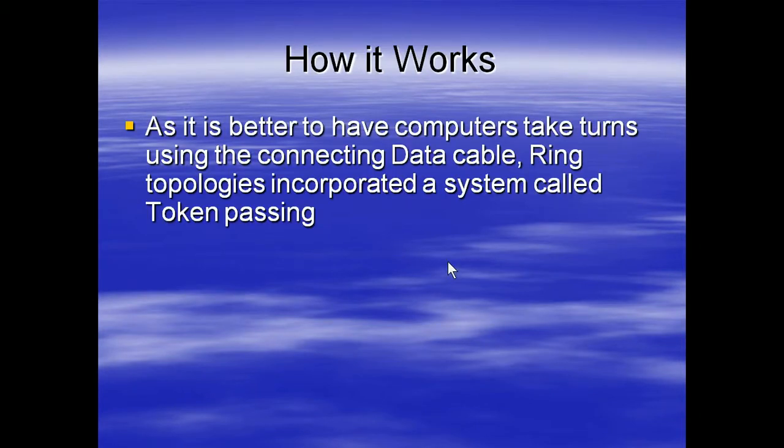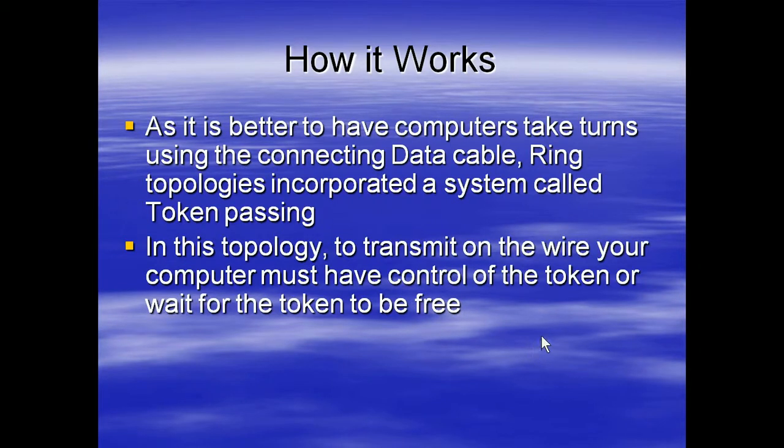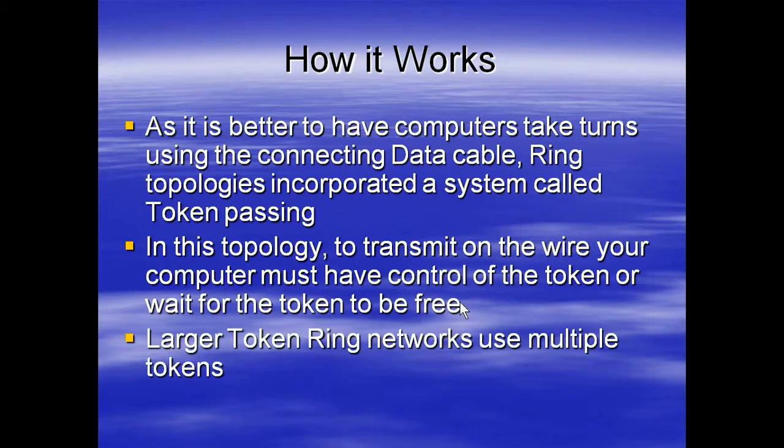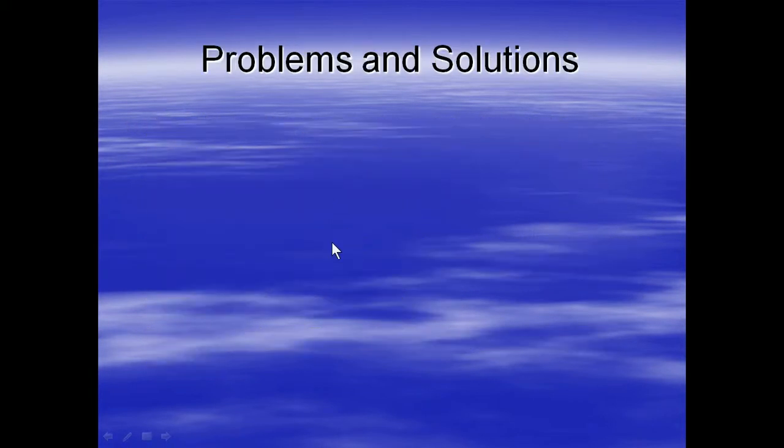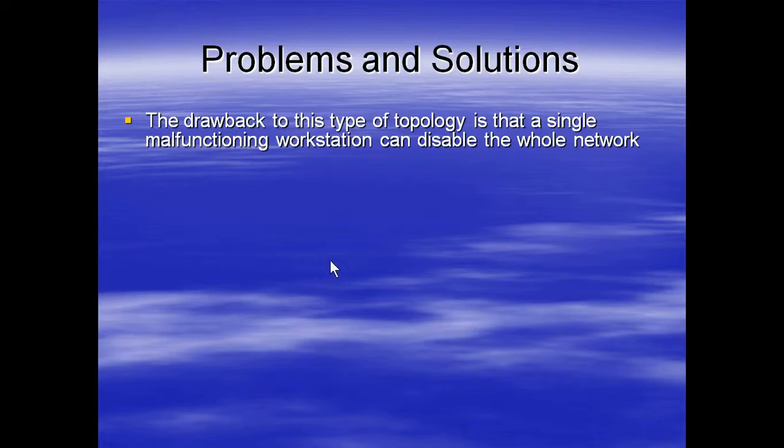As it is better to have computers take turns on the ring, this token passing system was introduced, and every system has to wait while the token is not free. Large token ring networks use multiple tokens.